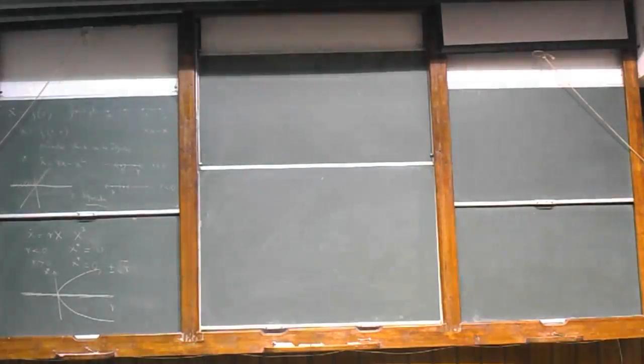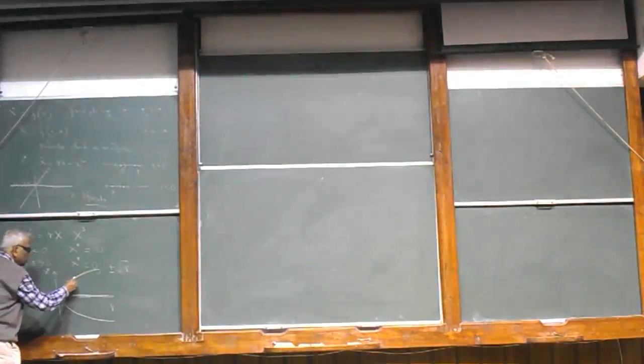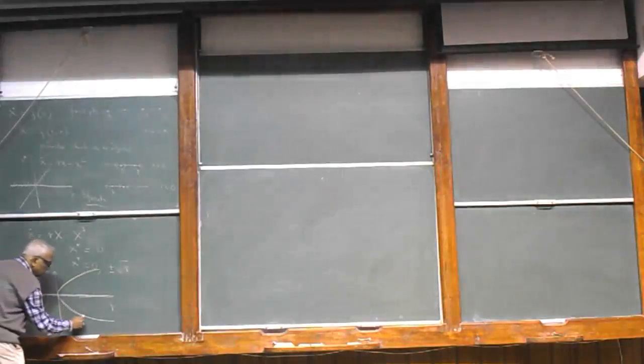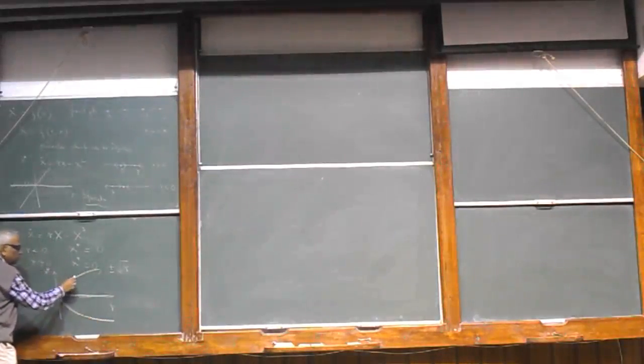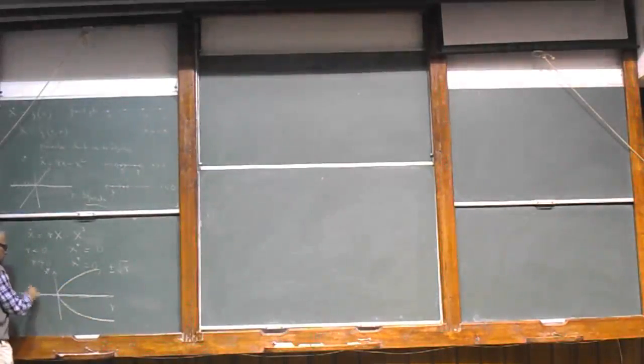And now what about the stability? So these are the fixed points. For r greater than 0, three fixed points, this and this. For r less than 0, only over here.